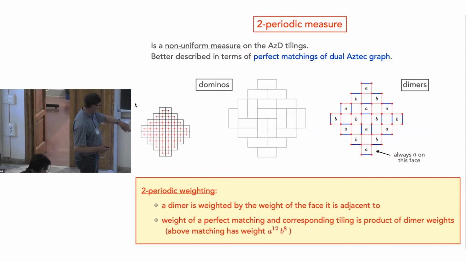Now, the two periodic measure will be defined in this way. You mark the faces by A and B so that each dimer will touch exactly one of those faces. And the dimer will get the weight of the face it is adjacent to. So that's what is written here. And of course, the total weight of a perfect matching is the product of the weights of all dimers.